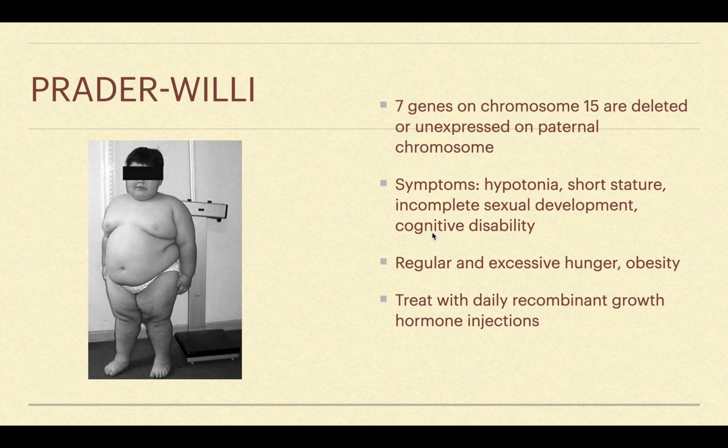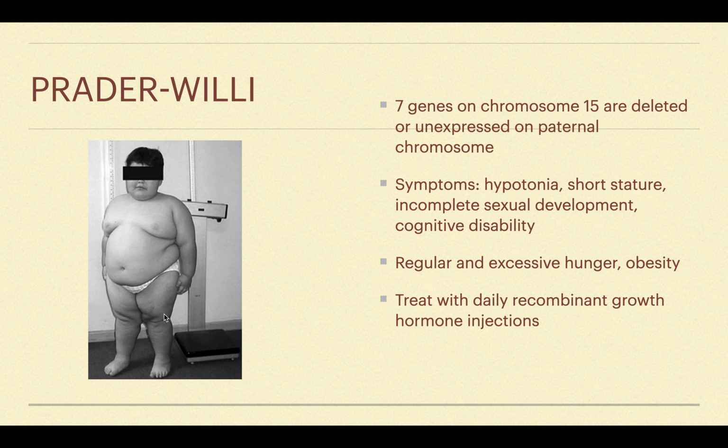Unlike Angelman syndrome, this one has hypotonia as one of the symptoms, short stature, incomplete sexual development, cognitive disability. The more worrisome clinical feature is that they have extreme, excessive hunger, and it leads to obesity. So look at this child right here.